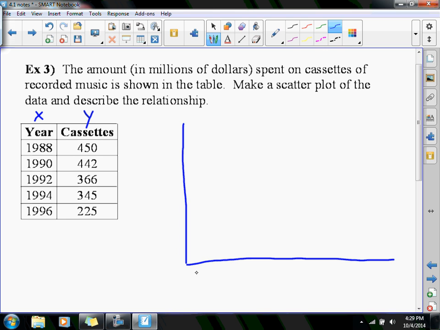So my x-axis is going to be across the bottom of my graph, going left and right. So I'm going to put the years across the bottom. So I'll have 88, 90, 92, 94, and 96. And then I want to label that year. And then I'll have the cassettes on the y-axis, so that's going to be going up and down.